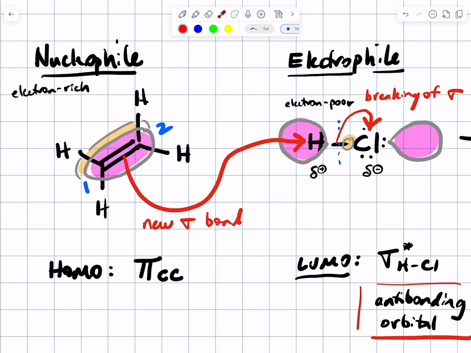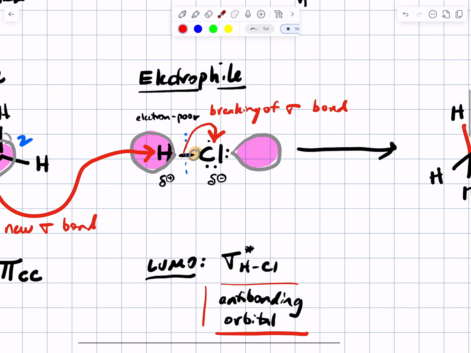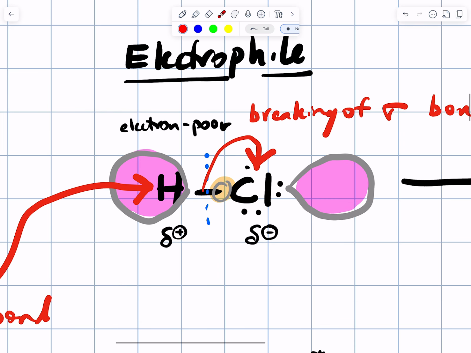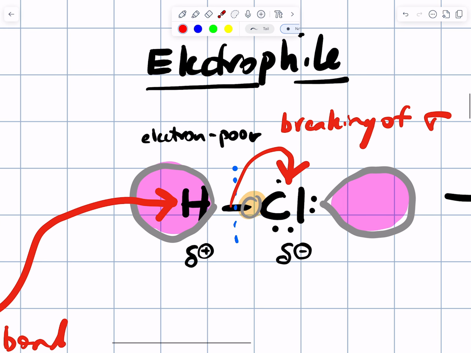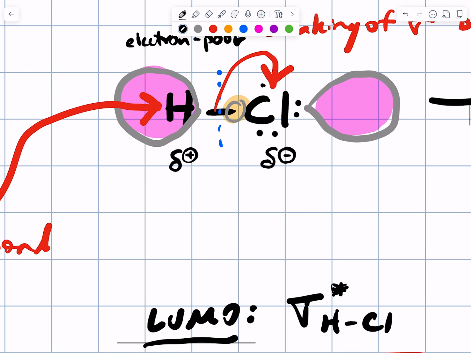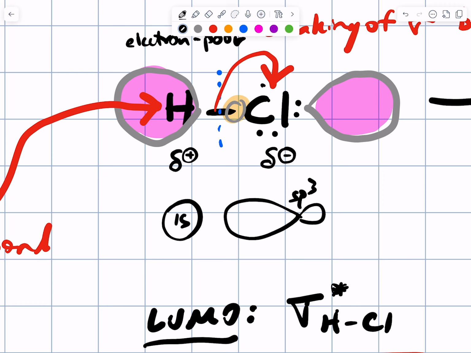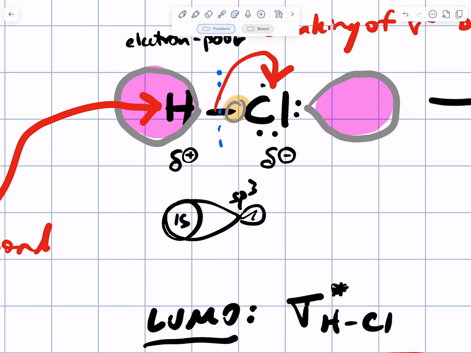Yeah. On the antibonding orbital with HCl, why does the Cl have 2 lobes? Remember, the bond for HCl comes from overlap of a 1s orbital on hydrogen with, you could think of it as, an sp3 orbital on chlorine. And that's overlap in phase where there's no cancellation.